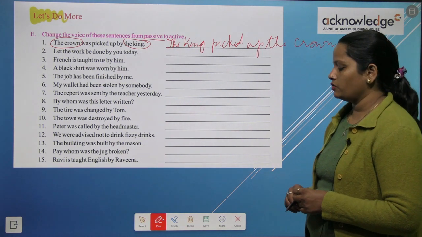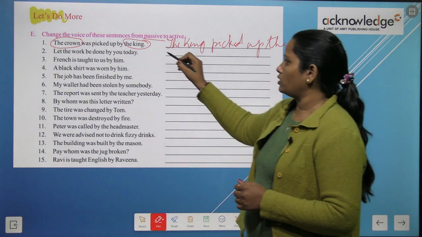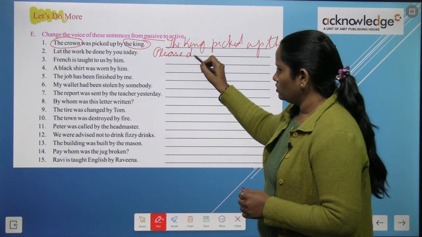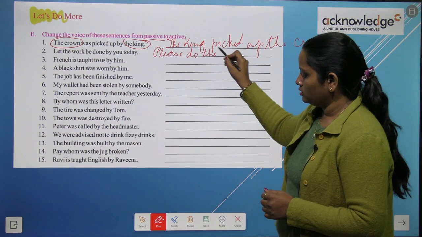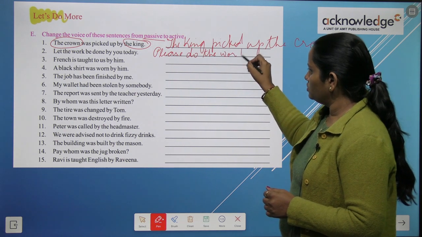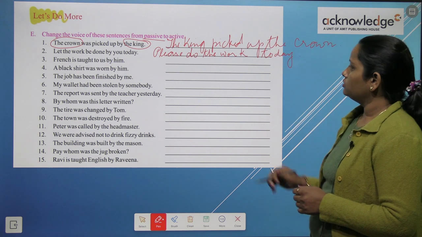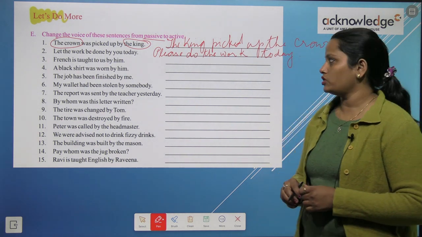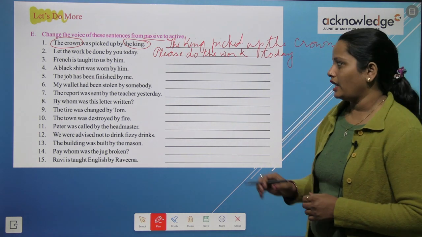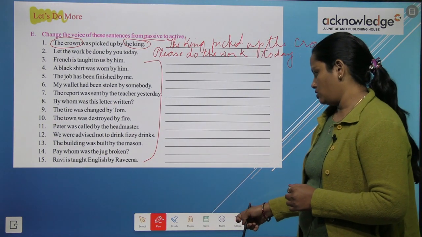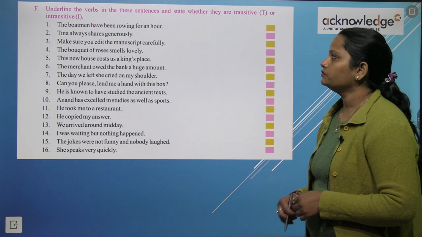So here the answer will be please do the work today. So children, these are the two questions that we have done, and like this you can do the rest of the questions. So these are your homework.